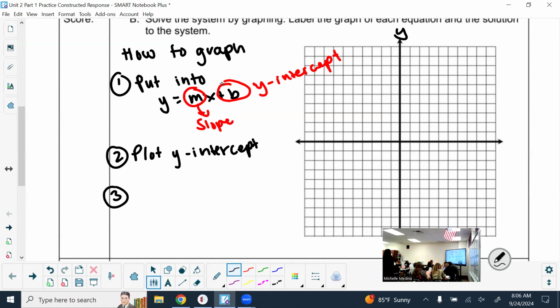So that's what you use. M is for slope. I know it's weird. But yeah, m is for slope. So anyway, you plot your y-intercept, and then you use your slope, which is rise over run, to plot the next points.